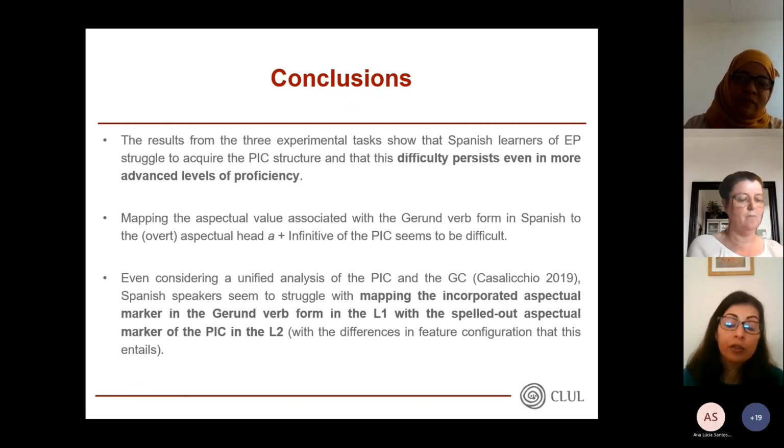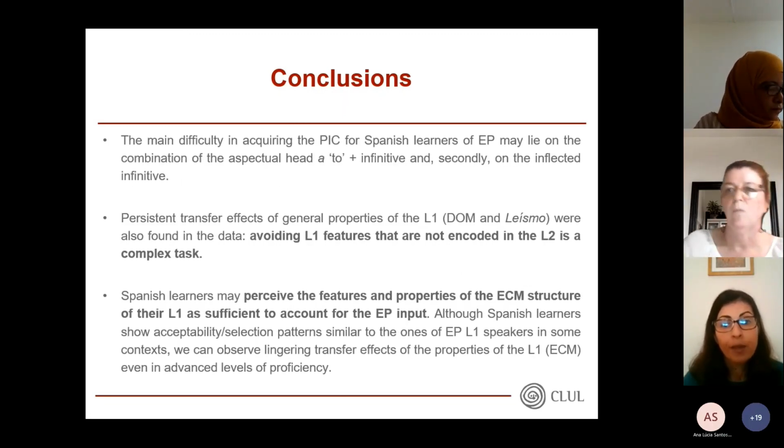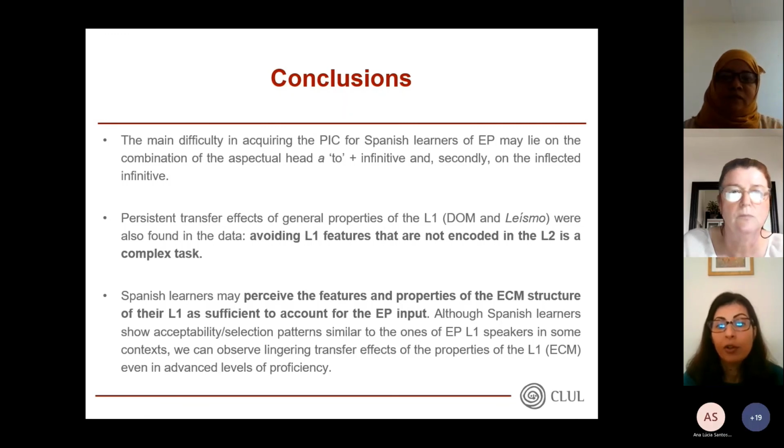And it should be said that this type of task seems to be difficult according to the feature reassembly hypothesis. So the main difficulty in acquiring the PIC for these learners may lie on the combination of the spectral head a plus infinitive and secondly on the inflected infinitive that is possible with the PIC.